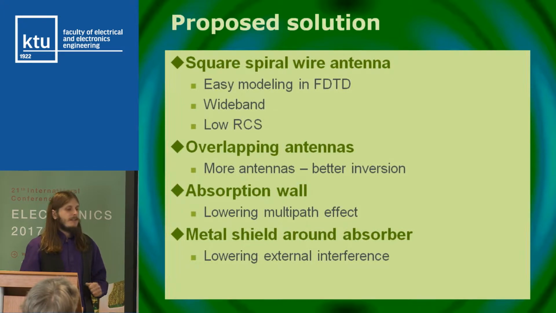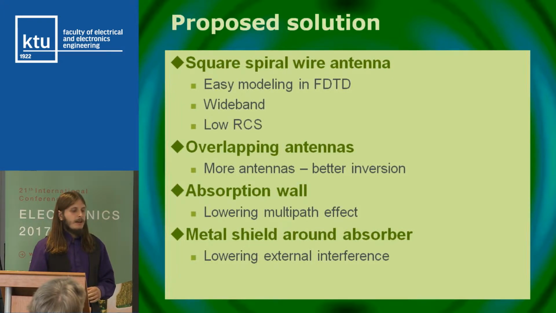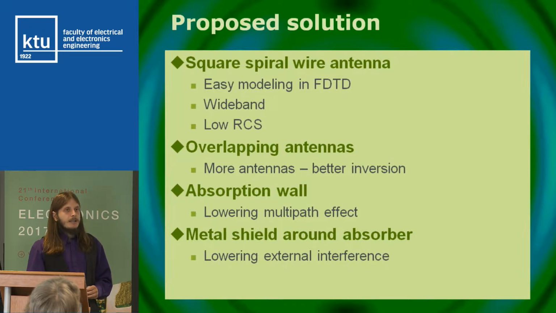First, we selected a square spiral wire antenna because it is easy to model in a finite difference time domain (FDTD) simulator. It could be modeled like a simple wire, and it could snap to the Cartesian grid of the FDTD, so it's really easy to model that antenna precisely. It is also a wideband antenna, and it has a low radar cross section.